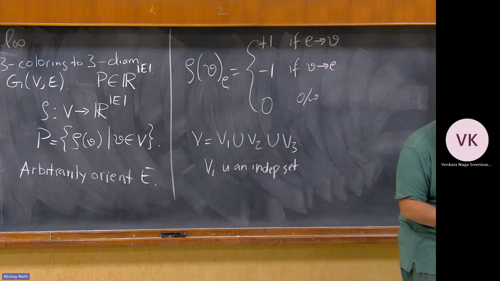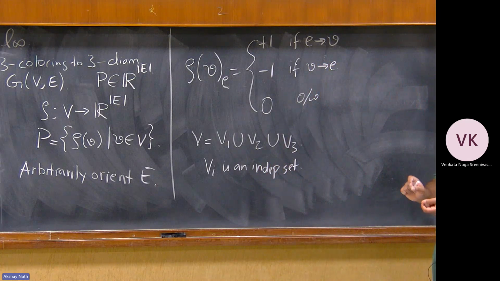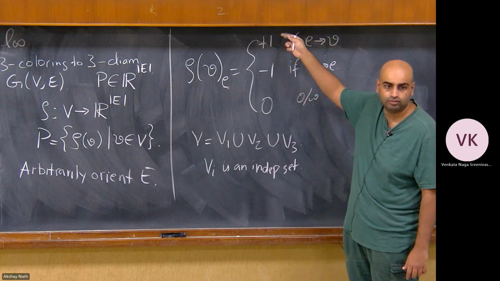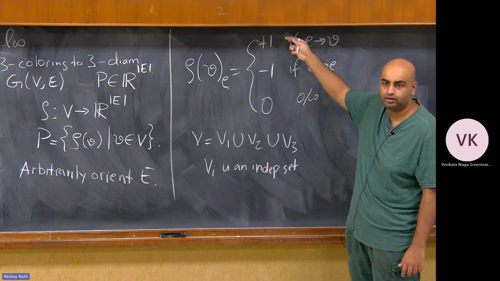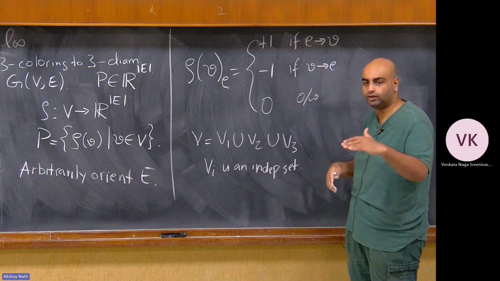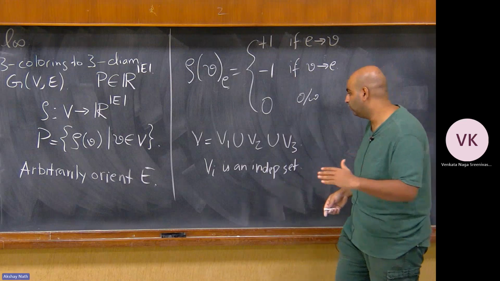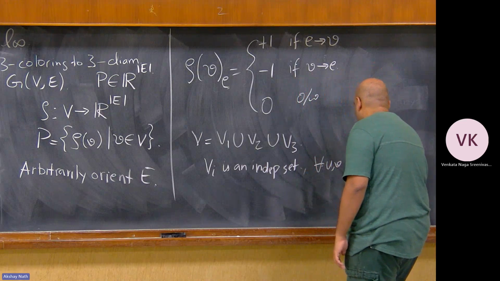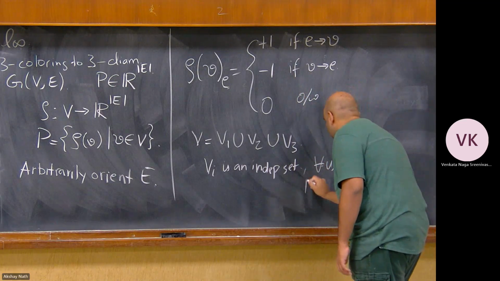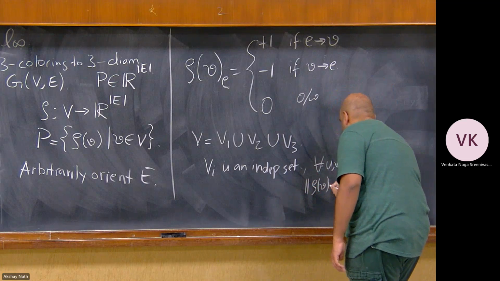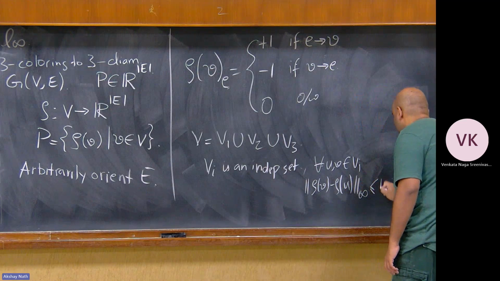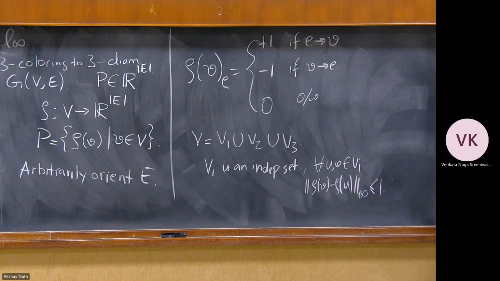So for every pair of vertices within the same independent set, on every coordinate, only one of them can be non-zero. So their distance on any coordinate can be at most 1. So we know that for all U, V belonging to Vi, the L infinity norm of rho of V minus rho of U is at most 1. In other words, the diameter cost is at most 1.